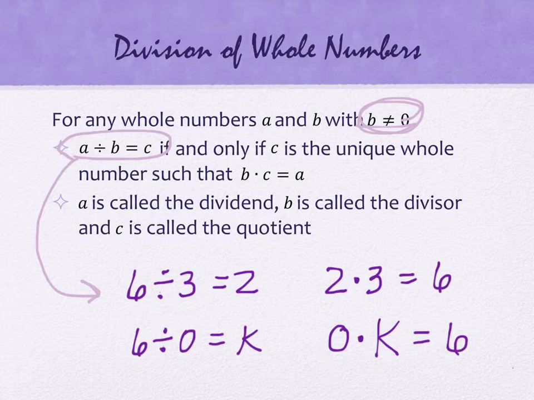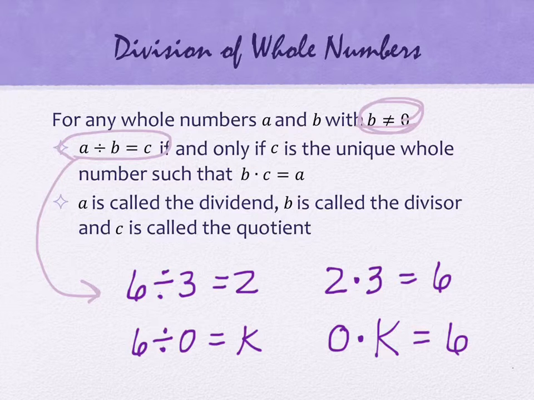What's the problem with that? It's not possible. I can't take 0 and multiply it by something and get back to 6. That's the reason that we can't divide by 0. It's undefined because it's not possible to multiply something by 0 and get a different number back. It would actually be ruining the 0 property that we have. So that's why that's in there.